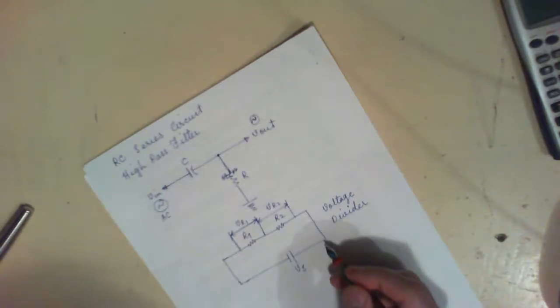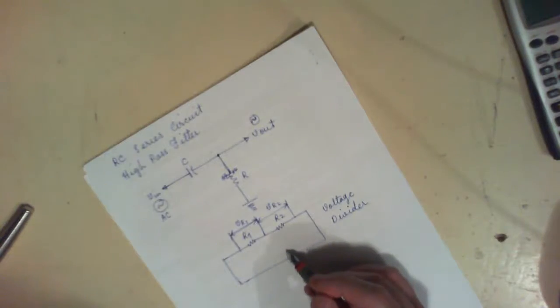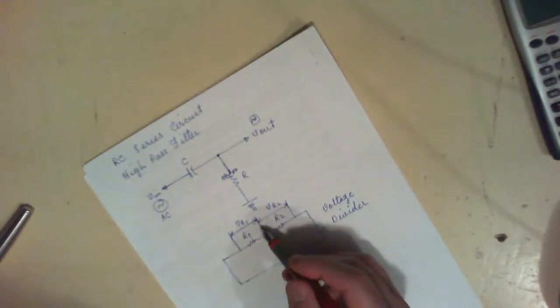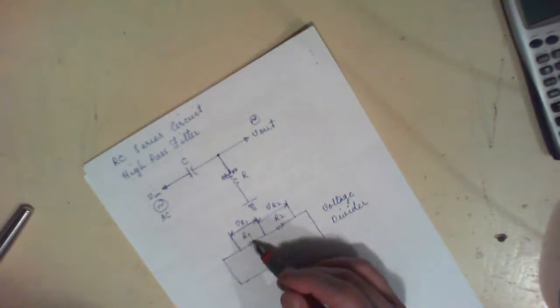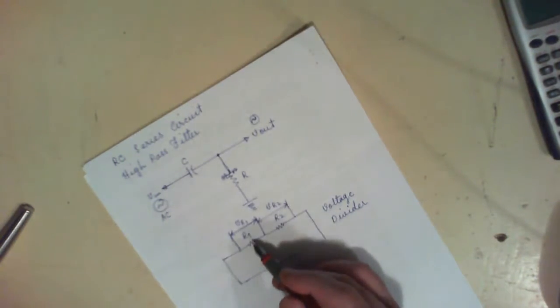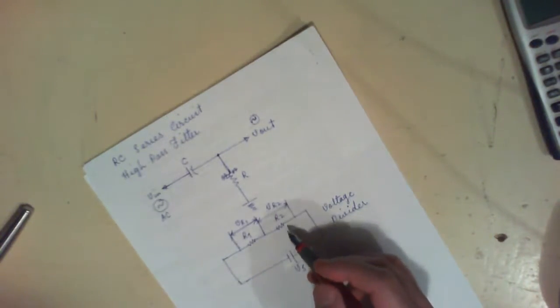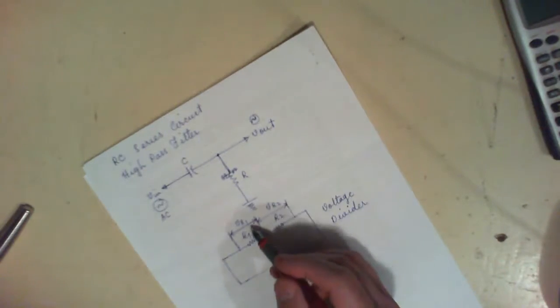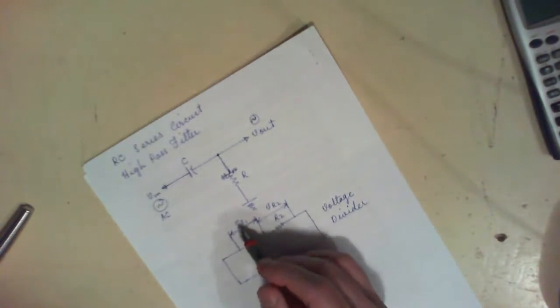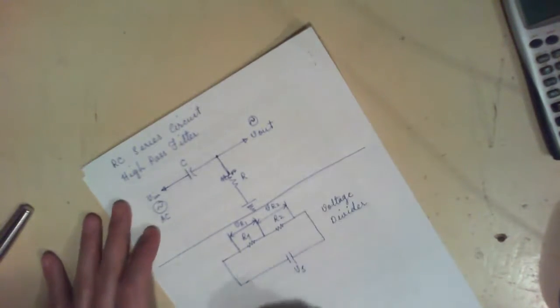Sometimes if you have a power supply of 8 volts and you want only half of that voltage, you install two resistors of the same value, for example two 1 kilo ohm resistors, and the two resistors are going to divide the voltage for you in half. Then you would have 4 volts across this resistor and 4 volts across this resistor, and for the same reason it's called a voltage divider circuit.